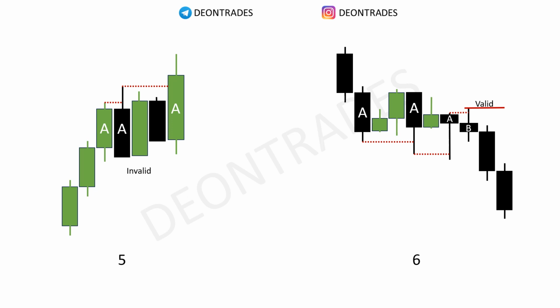Therefore, the candle that broke candle A's high became candle B. You need to be asking yourself these questions. Remember what I said? Absence of candle B means invalid. Presence of candle B means valid. And therefore, chart 6 is what? Yeah, chart 6 is valid because there's a candle B.